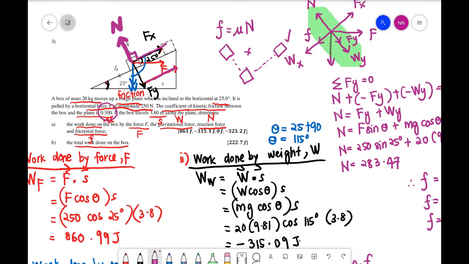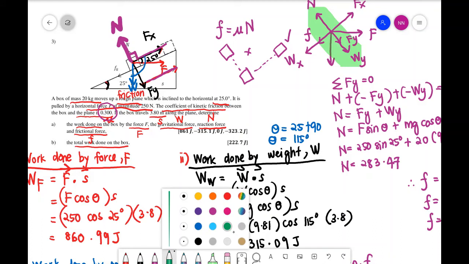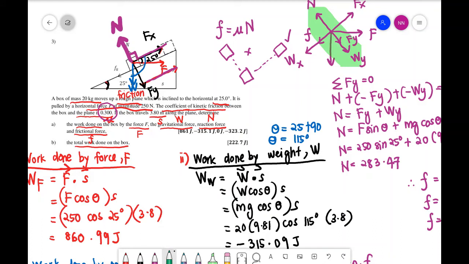So where is the frictional force? Maybe I can use green color for frictional force. This is the frictional force, and then this is the displacement.